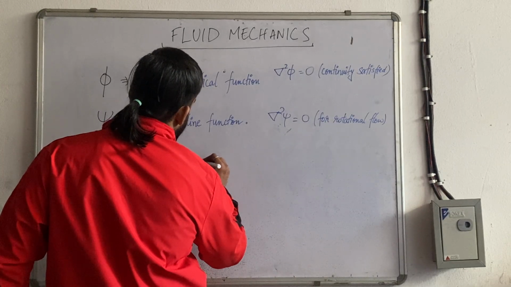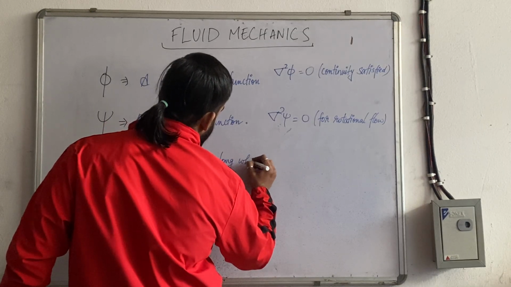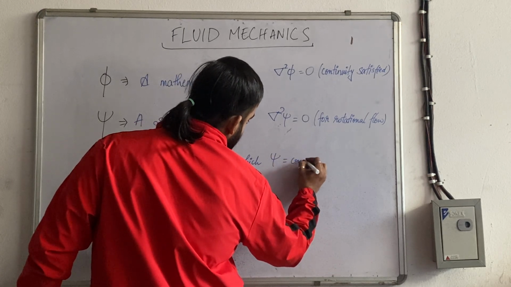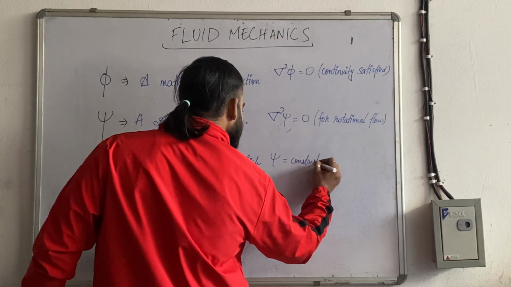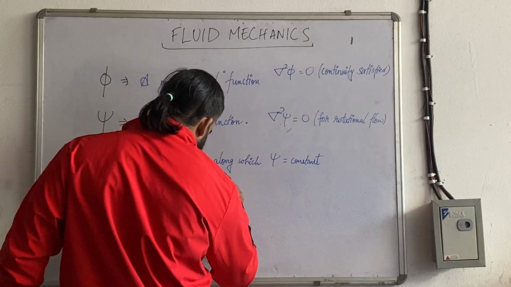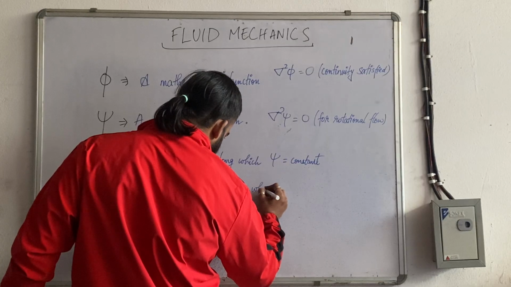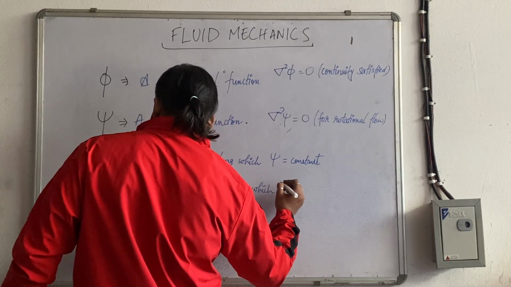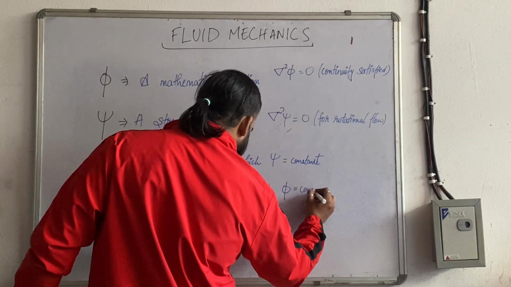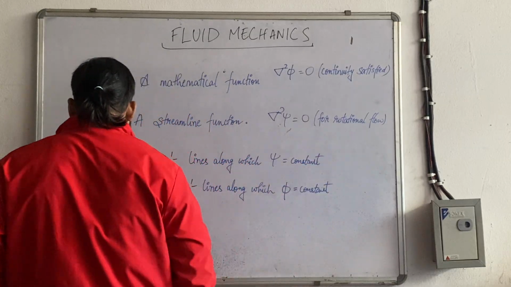Lines along which psi is constant are known as streamlines, and lines along which phi is constant are known as equipotential lines.